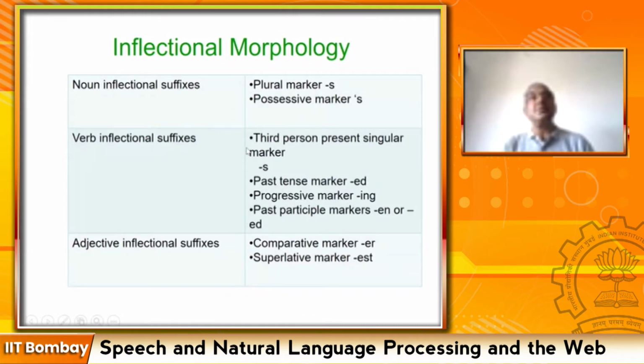You might have immediately understood that inflectional morphology is characterized by the fact that it normally doesn't change the part of speech. So read, reads: same verb form only. It has not changed the part of speech. But reader, the verb has become a noun. In inflectional morphology, the part of speech normally doesn't change. But here is an exercise for you: look for examples where the part of speech can change and still it is inflectional morphology.